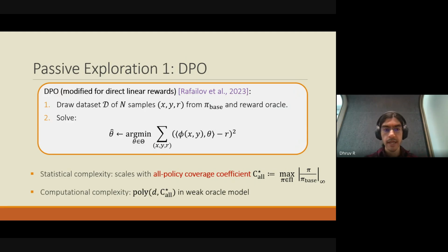The computational complexity is, of course, no better. It cannot be better than the statistical complexity, but it's also not much worse. So it's polynomial in the feature dimension and the all policy coverage coefficient, just because you're solving a convex optimization problem. You're solving linear regression.